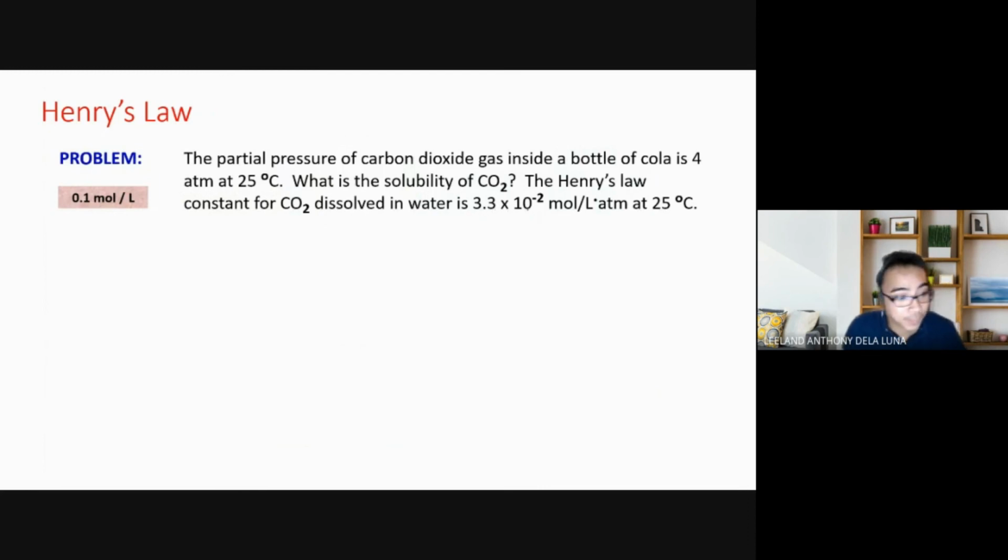Okay, first things first. What do I need to determine here? I need my molarity, obviously.